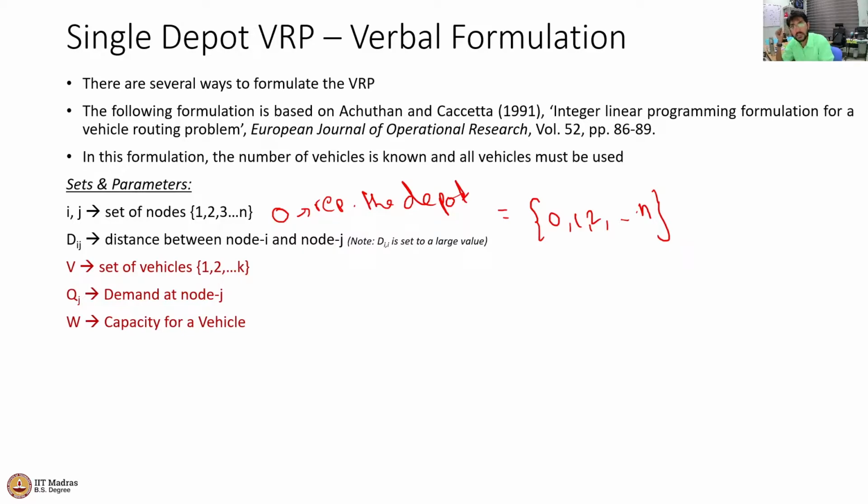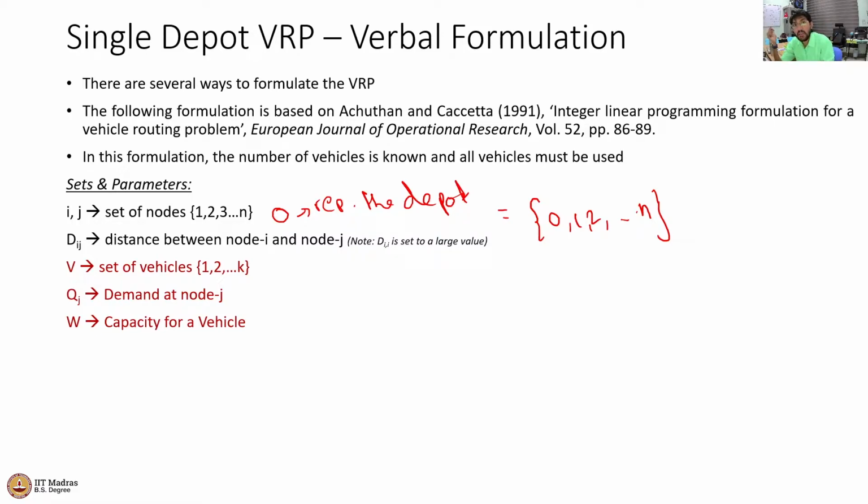The first is the set V, which is the set of vehicles that I have. So let's say I have k vehicles with me. So we would go from 1 to k, vehicle 1, vehicle 2, vehicle 3 up to vehicle k. Qj is the demand that I have at node j. This was not relevant for me in the TSP because I do not have any capacity constraints.